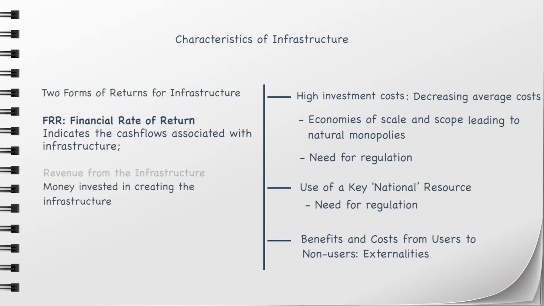So let's just say what goes in is like a denominator and what we get as a return is the numerator, and when we divide that return by what we are investing in, we have a rate of return. And if that is associated with the clearly determinable cash flows, we say that's the financial rate of return.